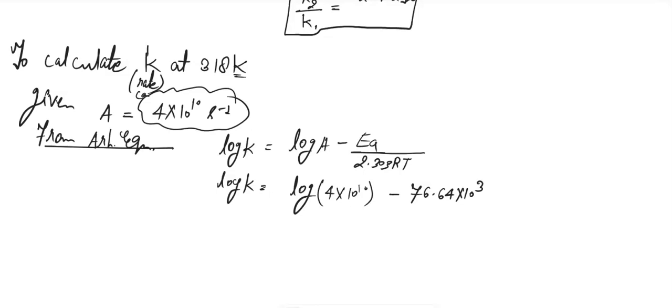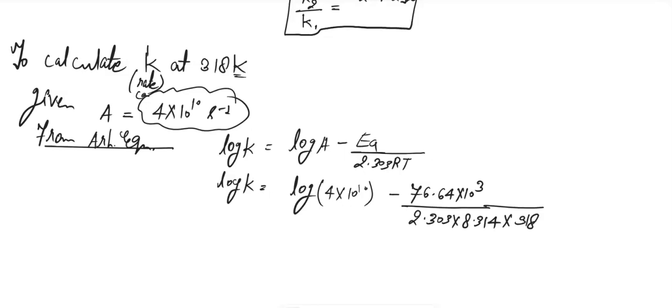Here we are putting the value, and this is your 2.303 into R, 8.314 joule per Kelvin per mole, and the temperature, 318 Kelvin. You will see that the units cancel out.